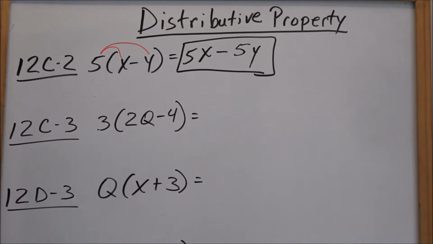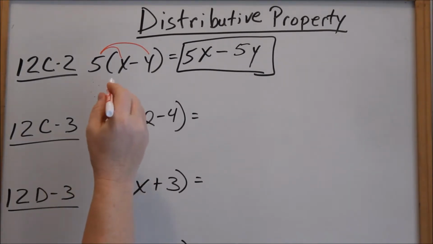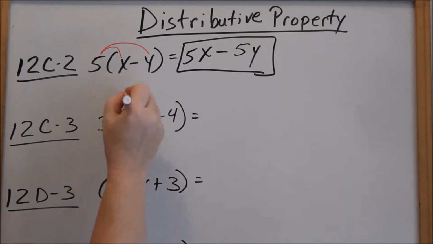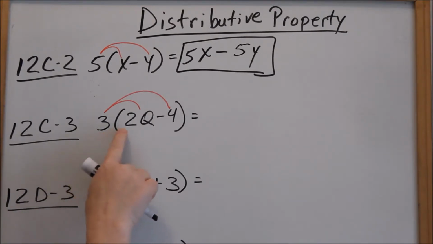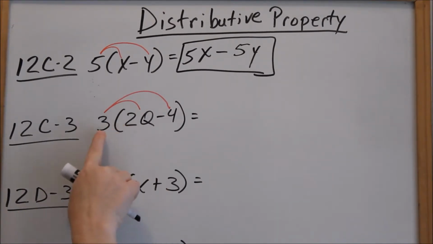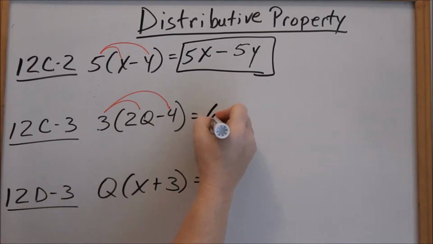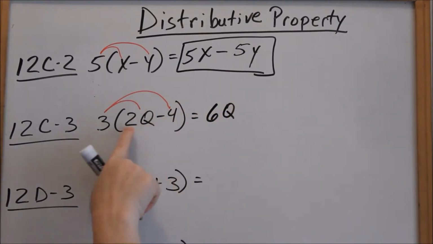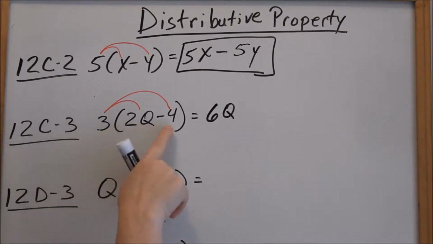Alright, now let's look at 12C3. Again, when you have a number in front of parentheses, that implies multiplication. You're distributing this 3 to everything in that parentheses. When you distribute, you multiply numbers to numbers and letters to letters. So 3 times the 2 would be 6q. You still have your letter, even though we're multiplying our numbers together. And then 3 times a -4.